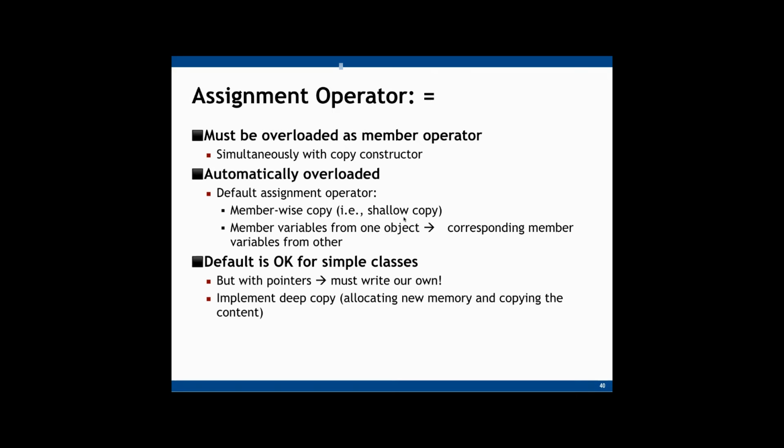So you have no problem using default assignment operator for the case. But if the class has pointer member variables, or if the class uses dynamically allocated memory, the shallow copy may cause unexpected result. So you should overload assignment operators so that it performs the deep copy. If you are not clear about shallow and deep copy, please look at the week 9's lecture notes.